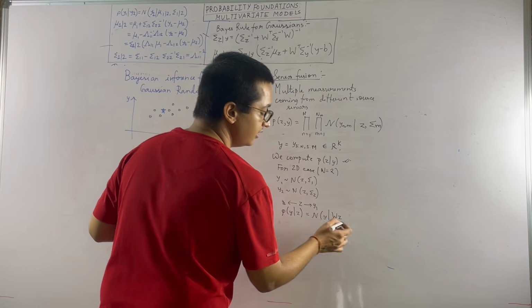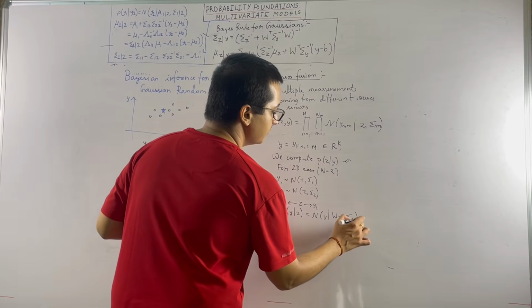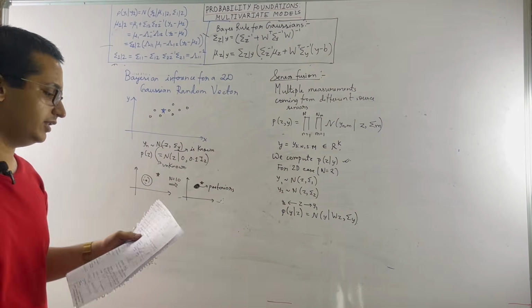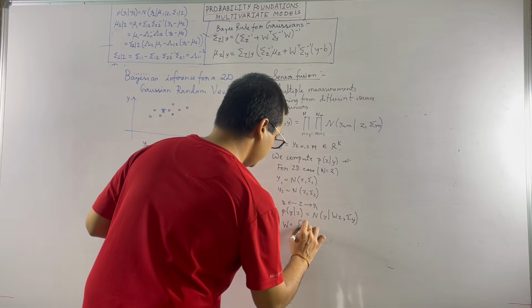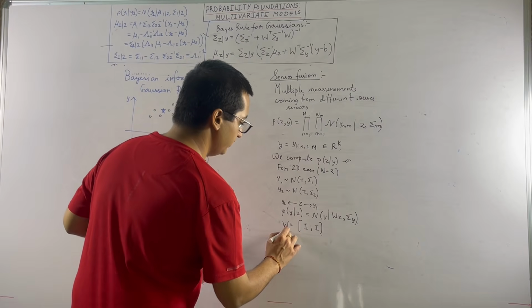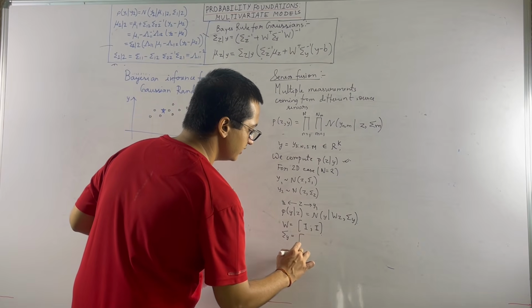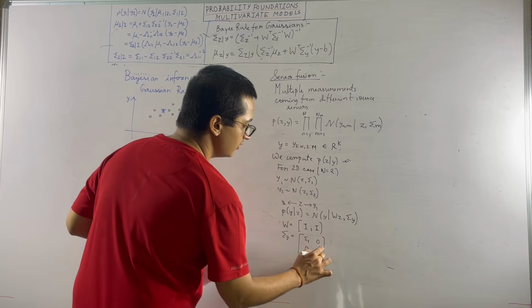b is 0. So remember Wz plus b and sigma_y that we studied some time back. b is 0 here. Okay. So W I can take as the identity matrix. Okay. And the covariance sigma_y I can take as this. All right.